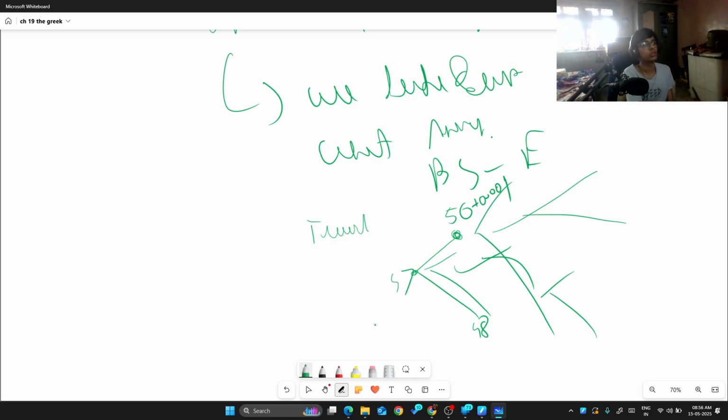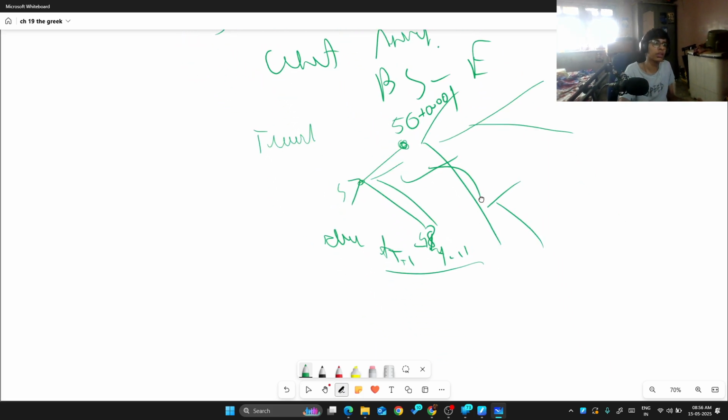So we will use the finite differential method to find the derivative, like (f_{t+1} - f_{t-1}) upon the step size. We can use it to find the rate of change of the derivative, and in this way you can approximate for an American option.